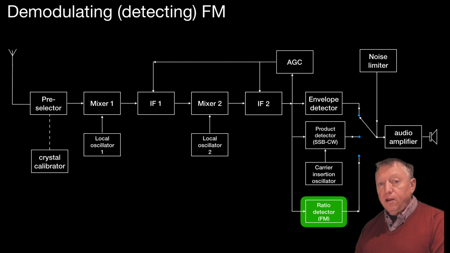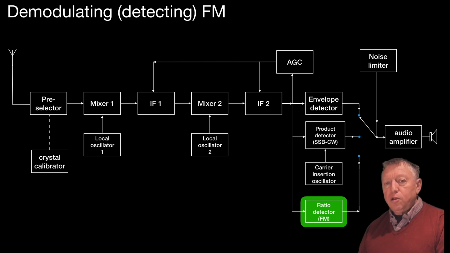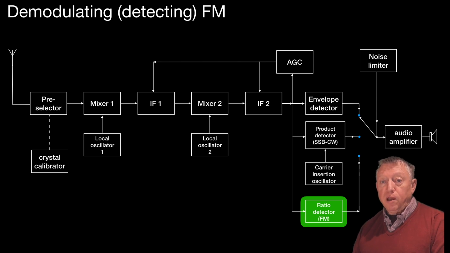The advantages and disadvantages of the ratio detector you can find in the book. One of the advantages is it's fairly immune to amplitude changes. What we want in an FM detector is that it responds to FM changes, but if the incoming signal varies, perhaps due to propagation or other factors, we don't want that being superimposed on the audio.